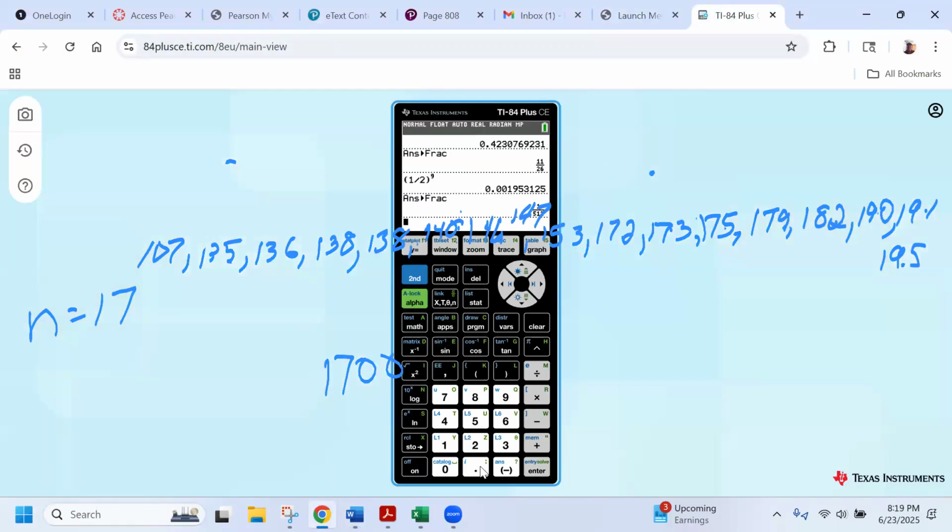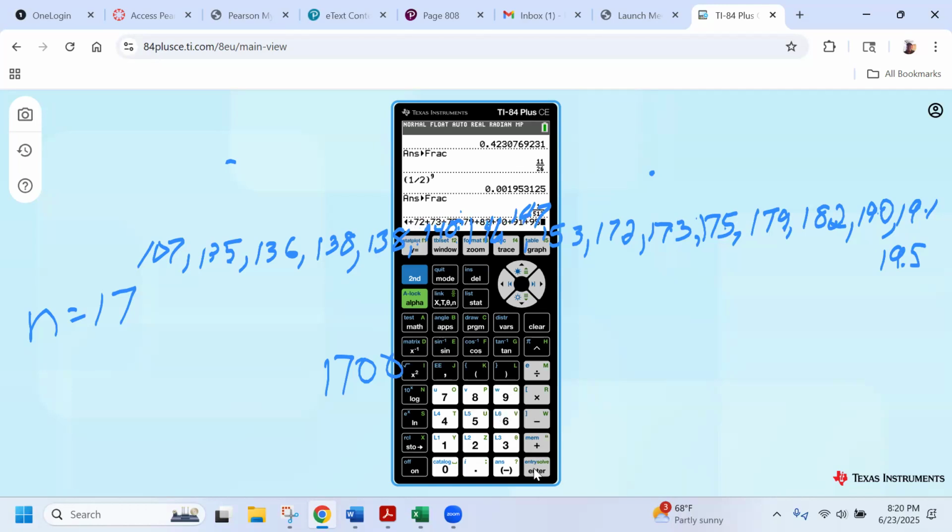Got my calculator. I've got 7 plus 35 plus 36 plus 38 plus 38 plus 40 plus 46 plus 47 plus 53 plus 72 plus 73 plus 75 plus 79 plus 82 plus 90 plus 91 plus 95.